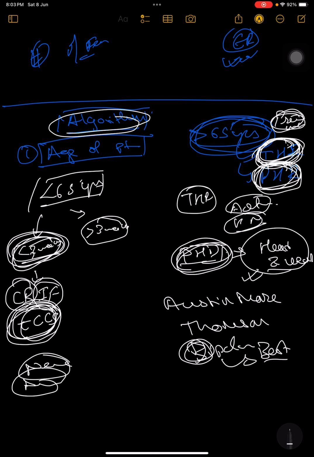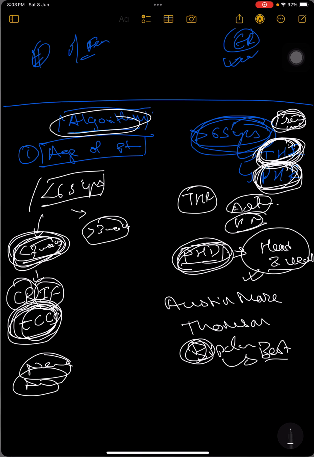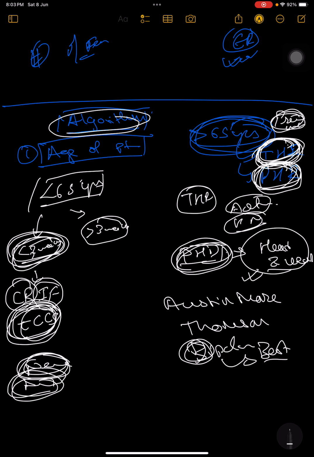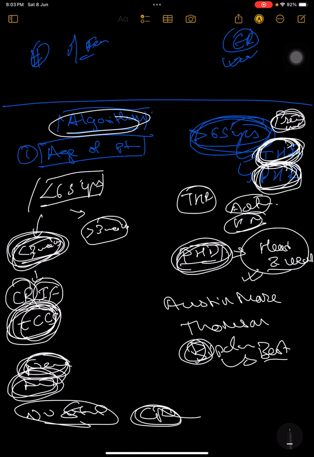No doubt, whatever be the time, if there are associated nerve or arterial injuries and the neurovascular status is not well maintained, go for an open reduction. But otherwise, go for closed reduction.